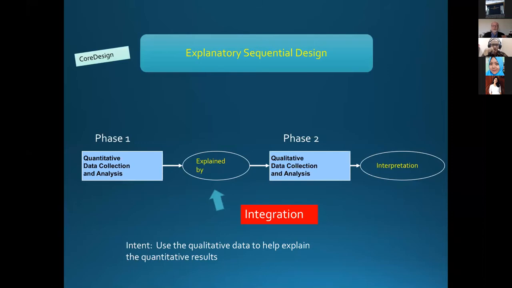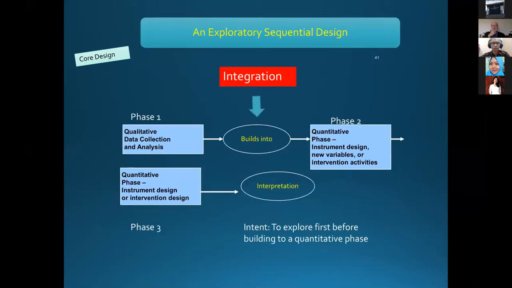Now, the quantitative results are going to give us p-values, confidence intervals, effect sizes statistically. But they're not going to tell us why those results occurred. So let's follow up qualitatively as a phase 2 design, explanatory sequential.